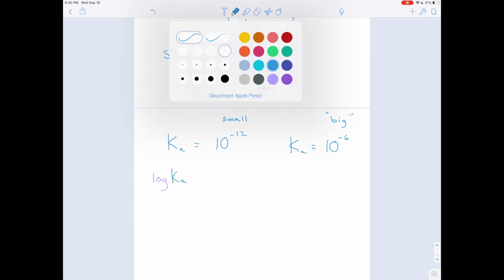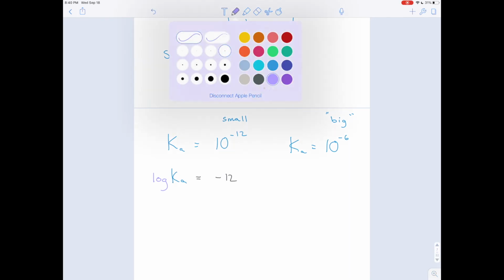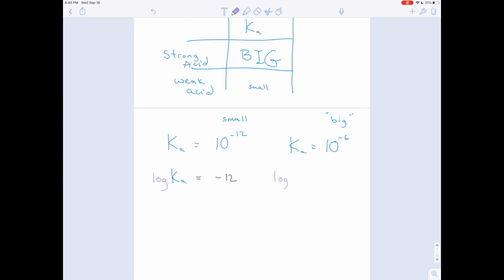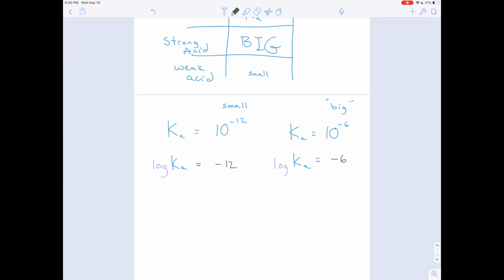So the log of the Ka here would be negative 12, and the log of this other Ka would be negative 6, the exponent. Logarithms solve for exponents. That definitely makes the number more intuitive. It's easier for me to imagine negative 12 than 10 to the negative 12.